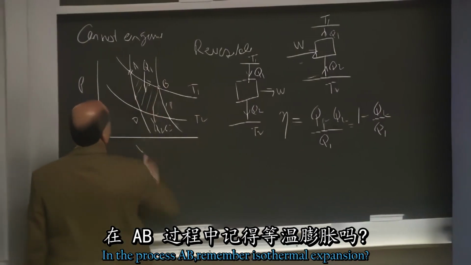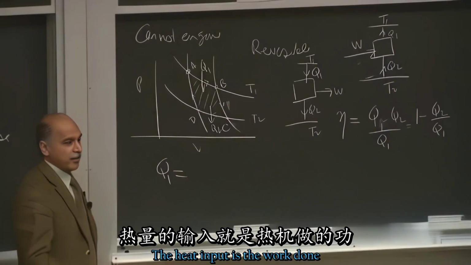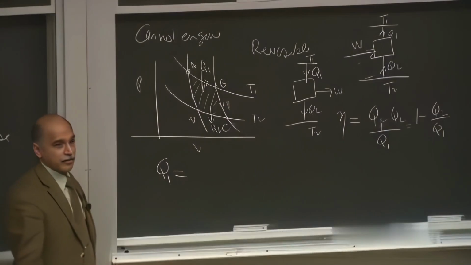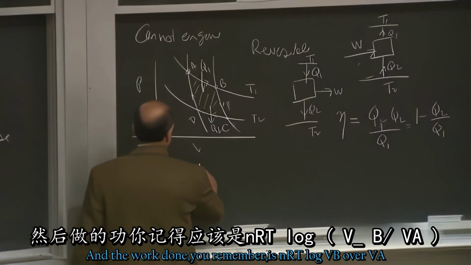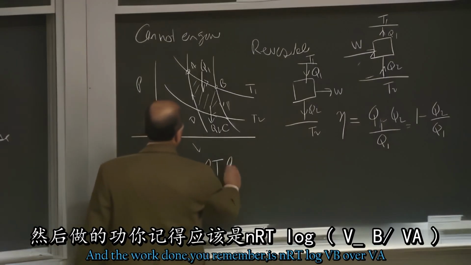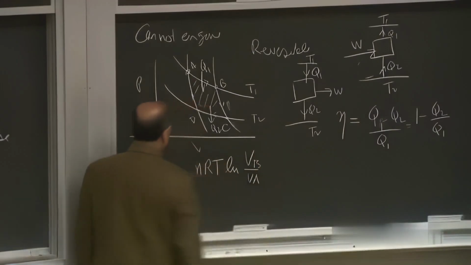In the process AB, remember isothermal expansion, the heat input is the work done, because change in internal energy is 0. And the work done, you remember, is nRT1 log VB over VA.